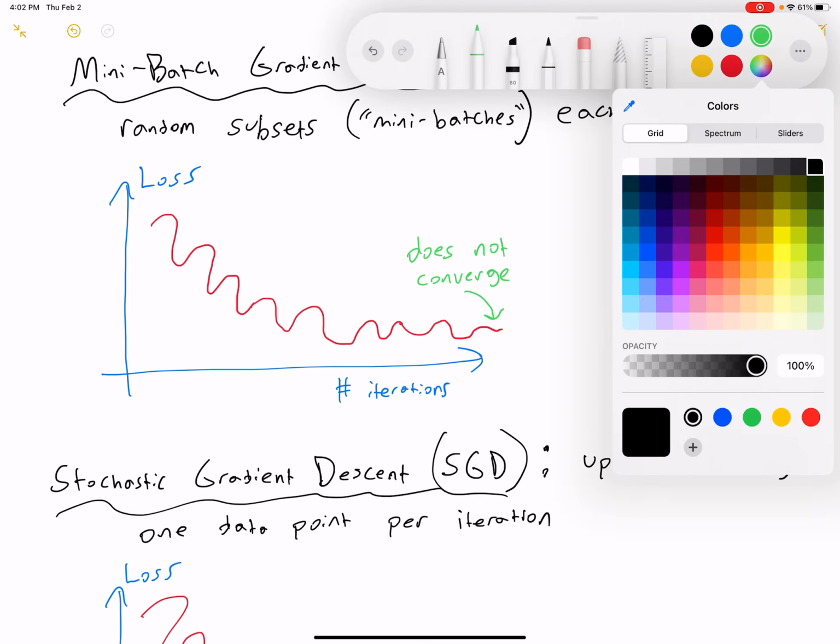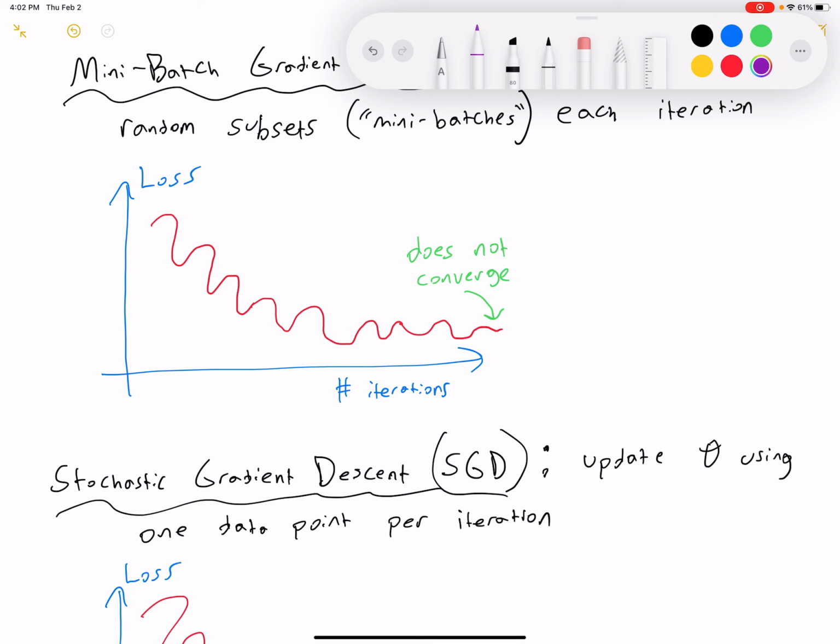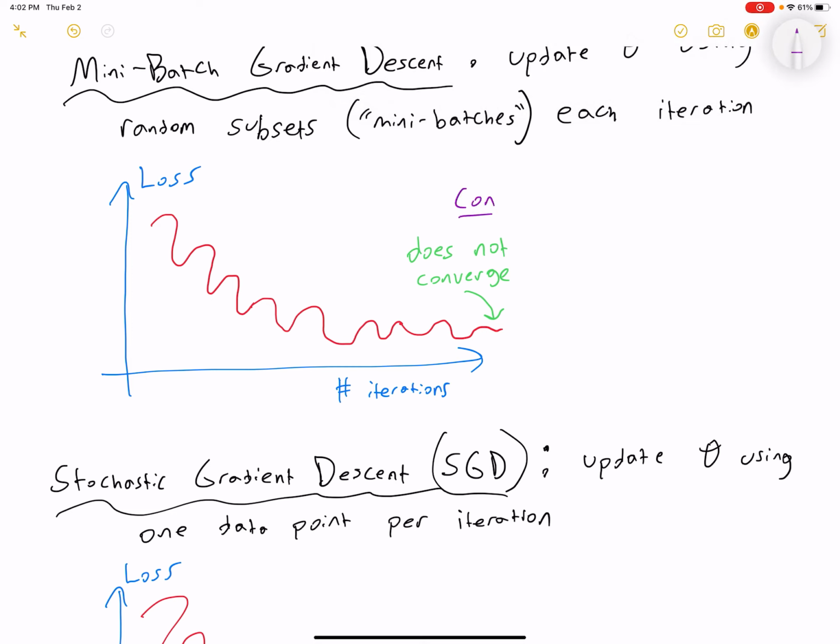Pros are that, number one, it's faster in each iteration because you're considering a smaller subset of the data.